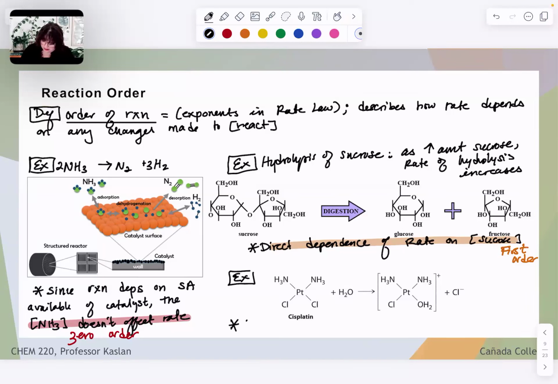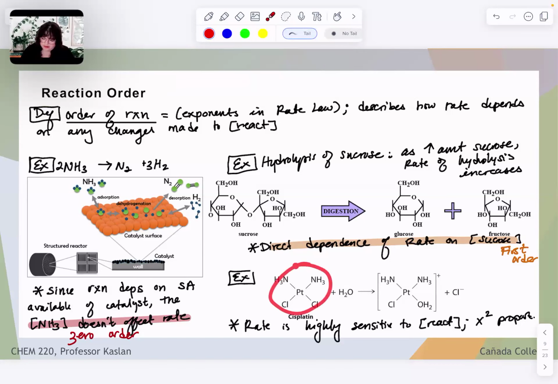So we would say that the rate is highly sensitive to concentration of reactant. Specifically, it is in a square relationship. So if I were to double the amount of cisplatin, my rate would then quadruple, right?